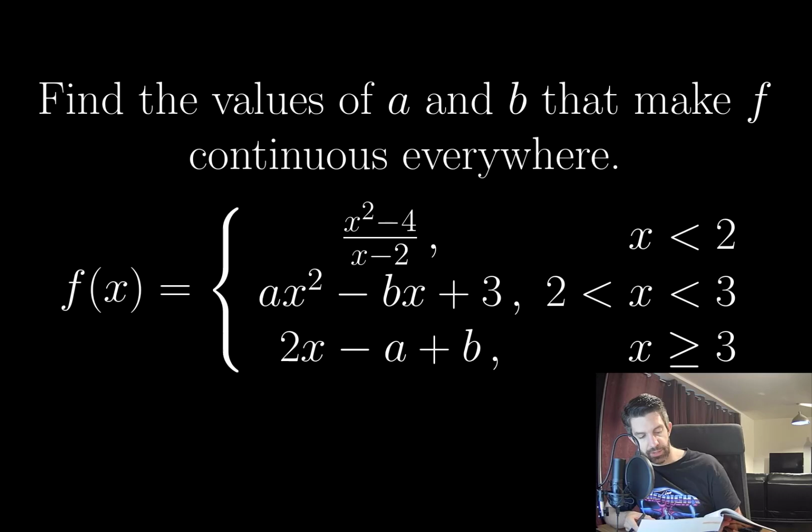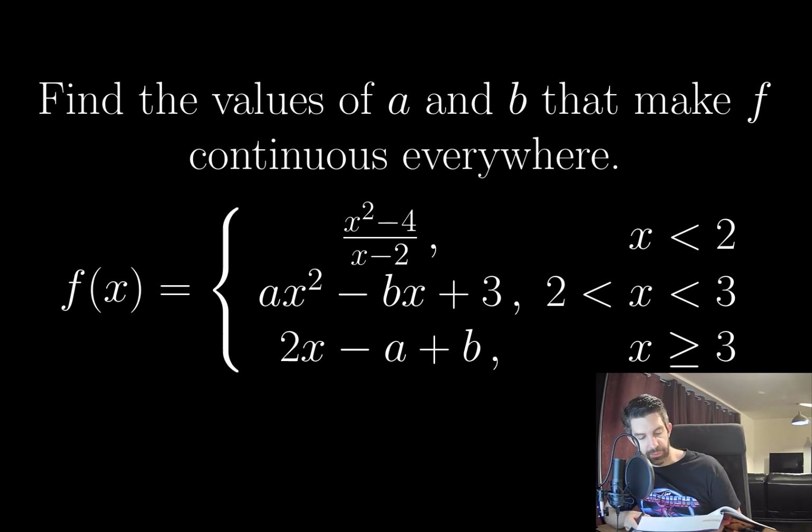And we want to make sure that that's equal to the limit as x approaches 2 from the right, where we use the second part that defines f of x with the quadratic expression. So this should give us an equation that has to be satisfied between a and b.